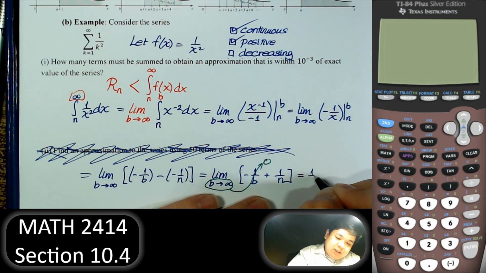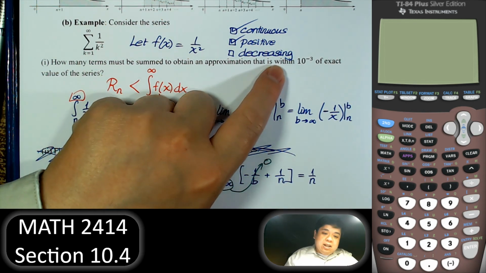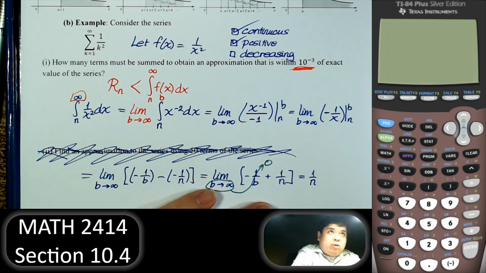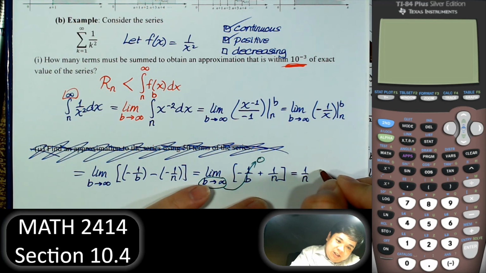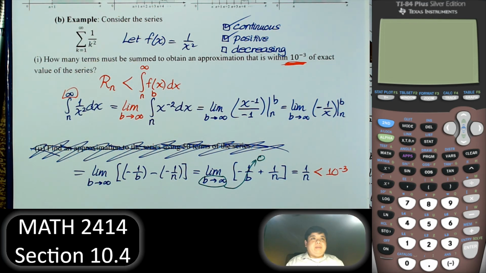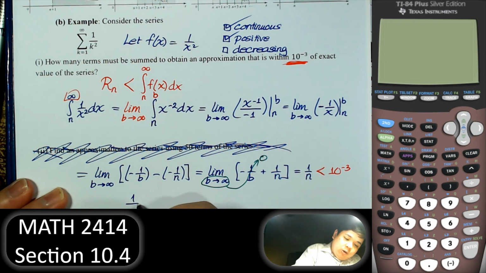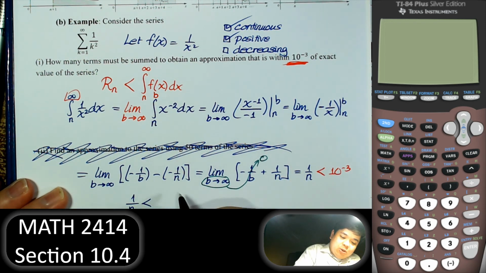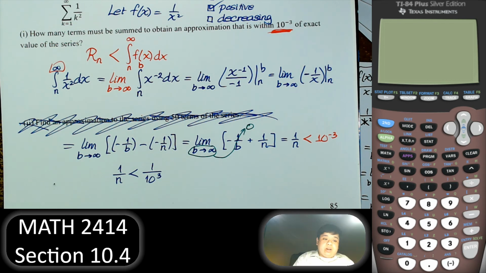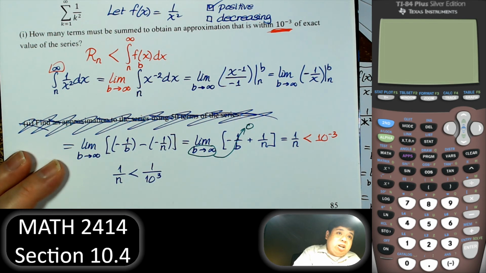Now this has to be within 10 to the negative 3. So we're just going to say it like that. We have 1 over n less than 10 to the negative 3, which is 1 over 10 cubed. Now if it's like this, when we flip the positive fraction, we have to reverse the inequality.